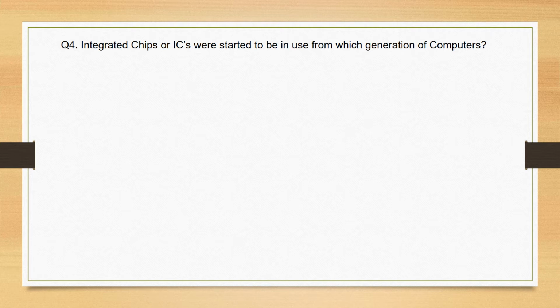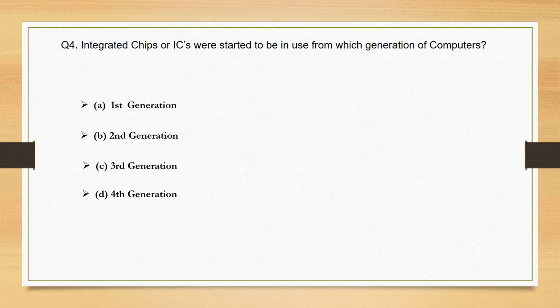So this question is: integrated chips or ICs were started to be in use from which generation of computers? Options are first generation, second generation, third generation, fourth generation, and fifth generation. So out of these five, let's see which generation of computer, which technology was in use. For the first generation of computers, basically we were using vacuum tubes.